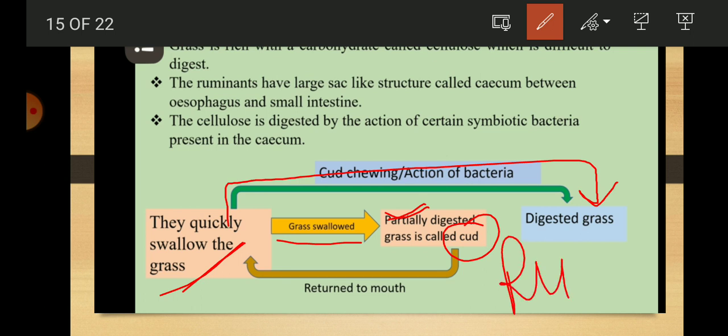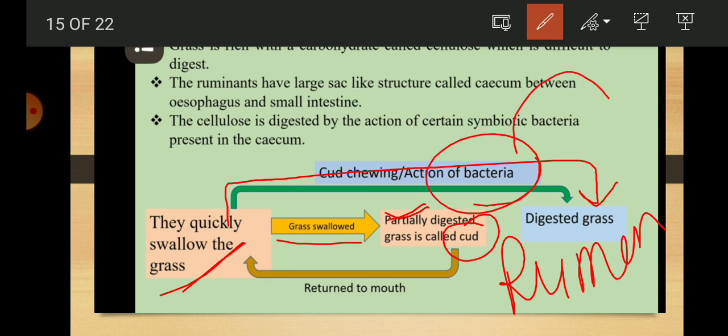There the bacterial action takes place, because bacteria are present in the rumen of these animals. Thereafter, this food goes into several organs of the digestive system of these animals, and thereafter the digestion is completed.